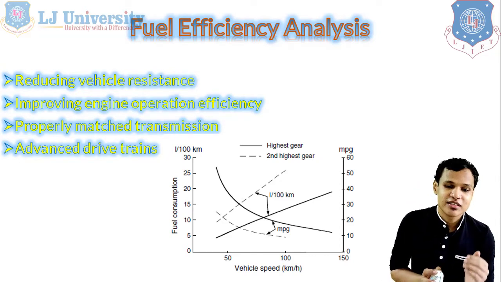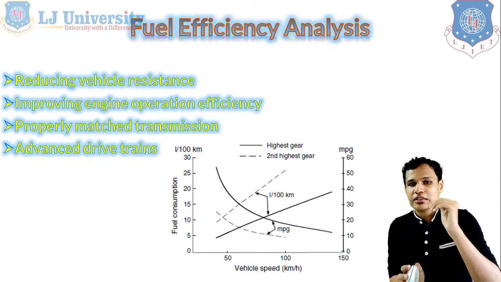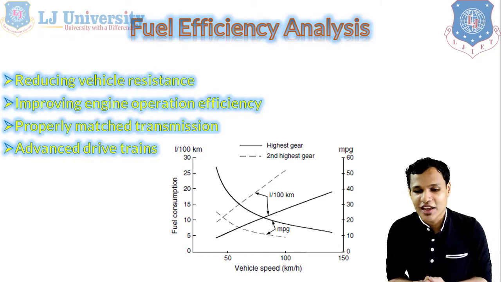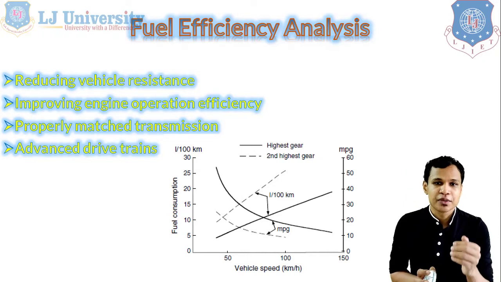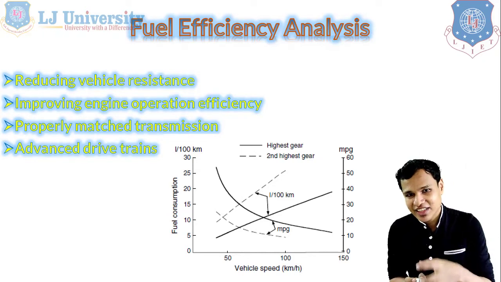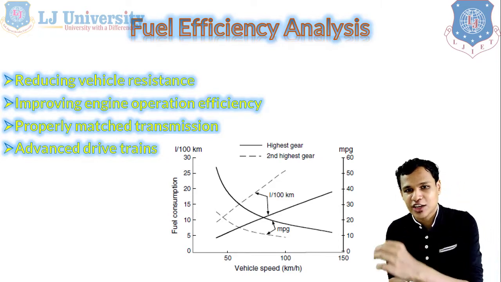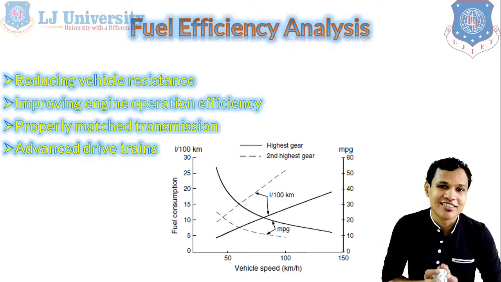In that graph you can see the amount of fuel that is being consumed based on the average fuel efficiency. But if we talk about the electric vehicle, that consumption will be calculated in kilowatt hours.